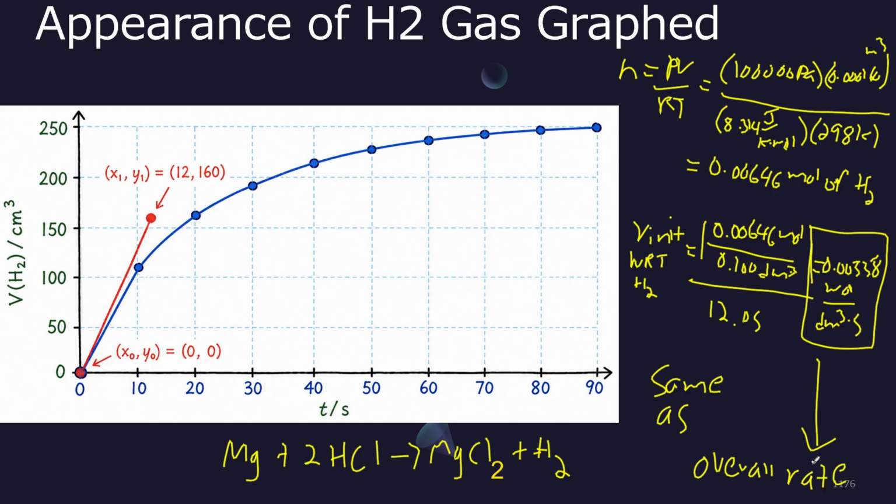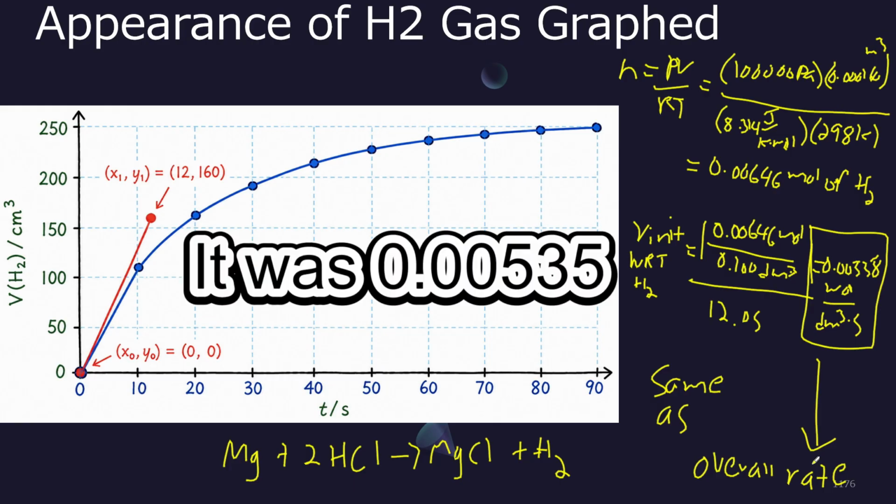So the overall rate should be 0.00538 as well. Now, is that the same as what we calculated for the disappearance with HCl previously? And yes, basically it is the same. It's off by a couple decimal points, but that's just rounding errors.